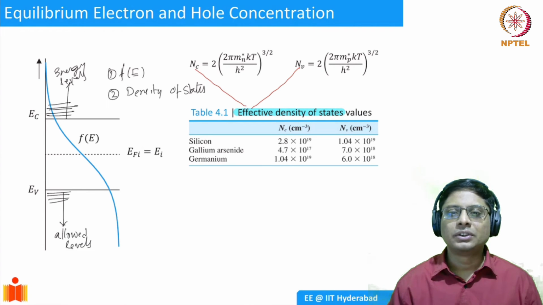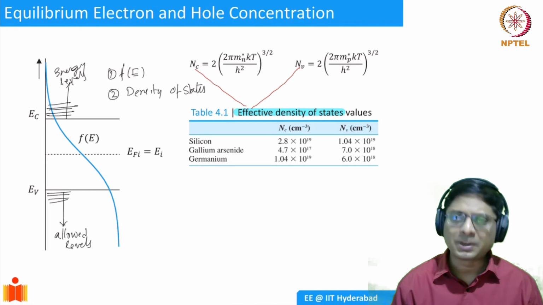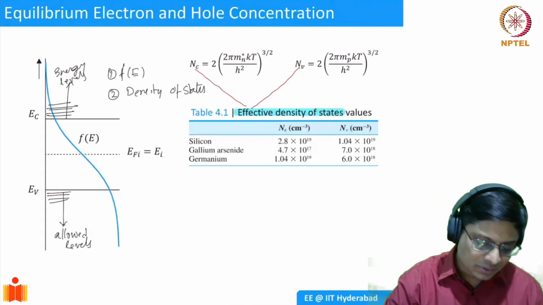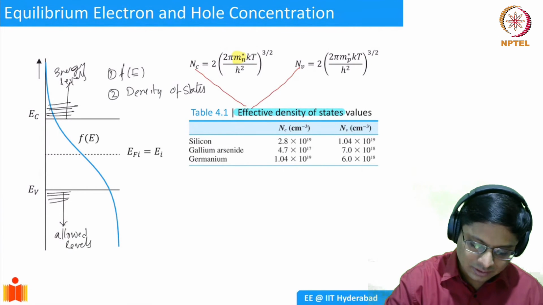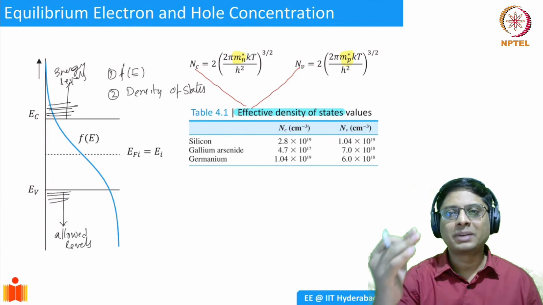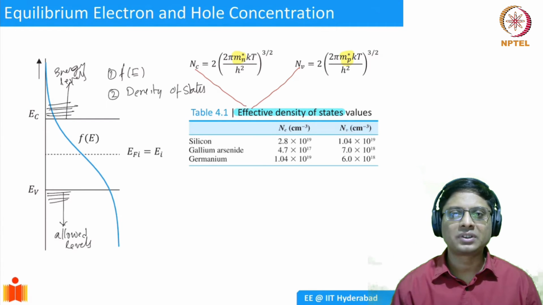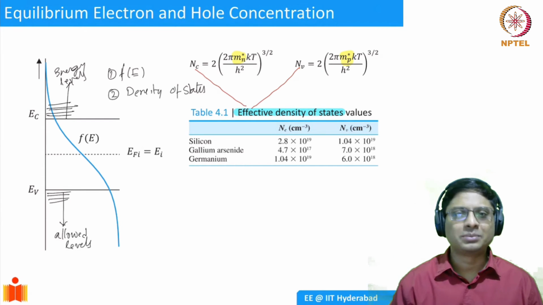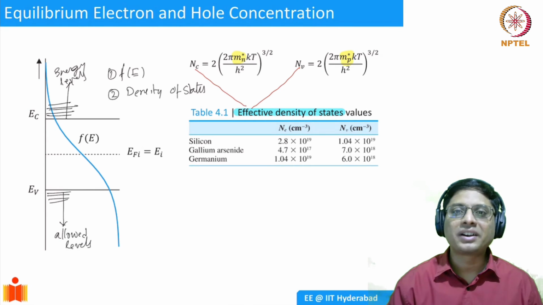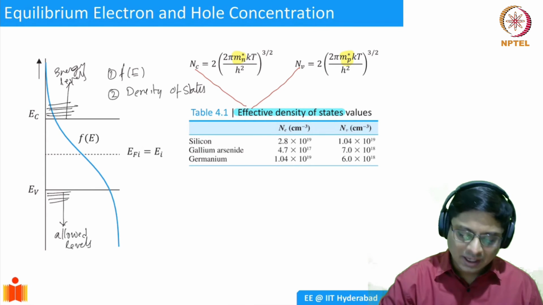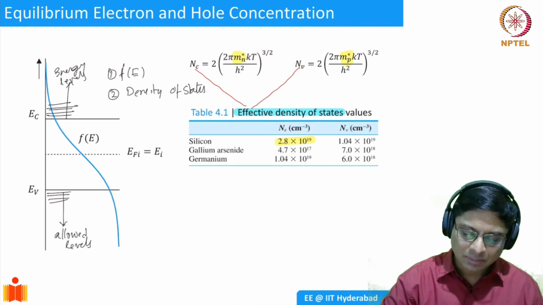It has a bunch of constants, and one of the most important is the effective mass: the effective mass in the conduction band and the effective mass in the valence band. If you plug in the numbers, you get the typical range of this effective density of states, and these turn out to be about 10 power 19.